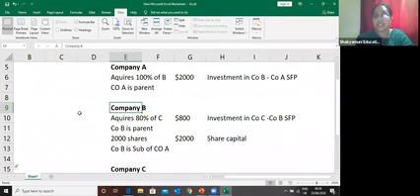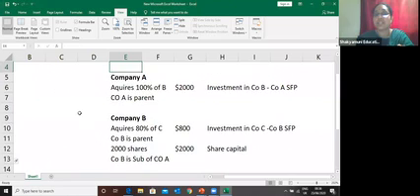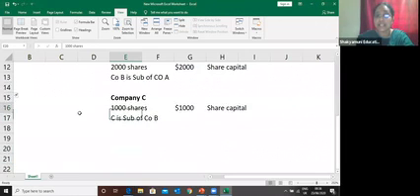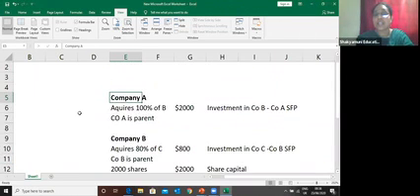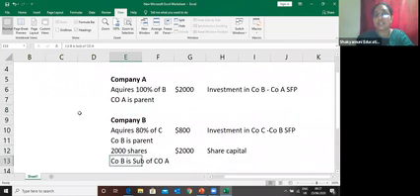Company A, the parent of B, is called the ultimate parent company. A will prepare the consolidated financial statements. B is not required to prepare consolidated financial statements because A is already preparing the consolidated financial statements. It will consolidate B and C as well because A is indirectly controlling C also.